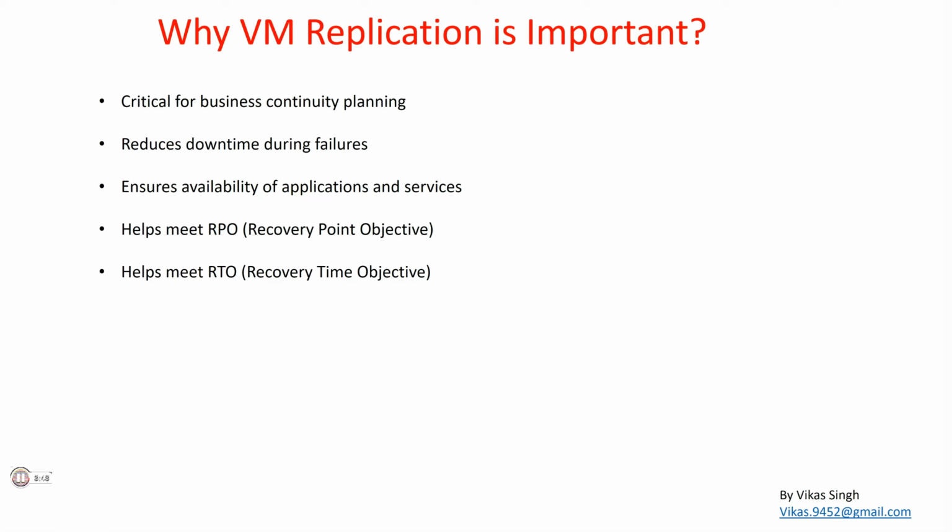Replication helps achieve lower RPO and lower RTO, which is the ultimate goal of any production environment if you want to enable replication. RPO and RTO are the two key objectives when you decide your replication, or when you decide your business continuity planning and disaster recovery.